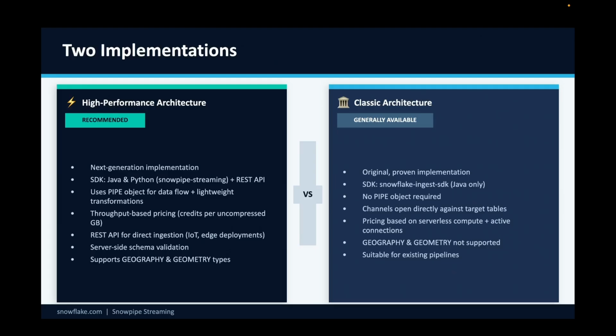There was no pipe object required for classic architecture. Channels open directly against target tables. Pricing was based on serverless compute plus active connections. Geography and geometry were not supported. It is suitable for existing pipelines.